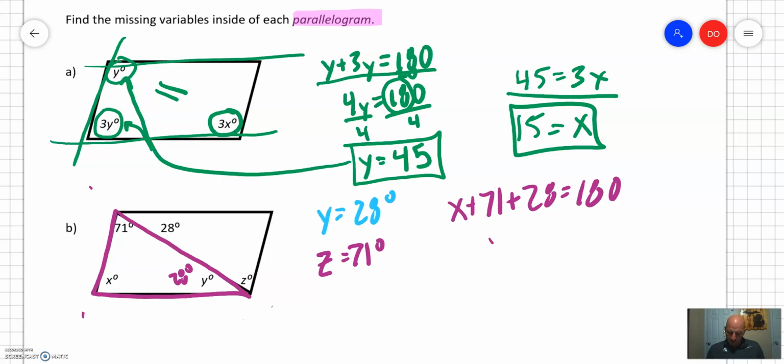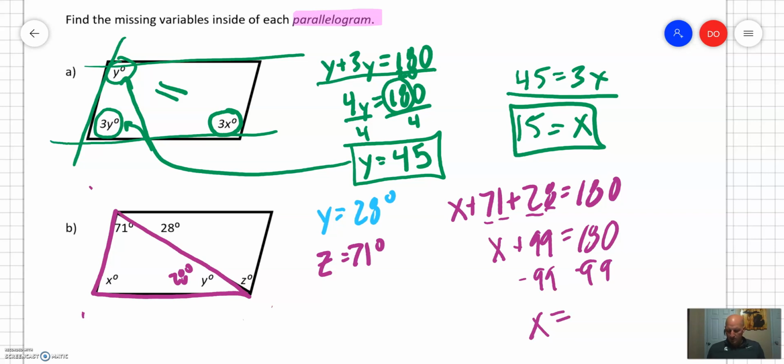We'll solve for this. I get x plus 71 plus 28: 70 plus 20 is 90, 1 plus 8 is 9, so this would be x plus 99 would equal 180. So I'm going to take away 99 from both sides. So x is going to equal, let's see, 180 minus 100 would be 80, but I subtracted one extra number, so it really would be 81.